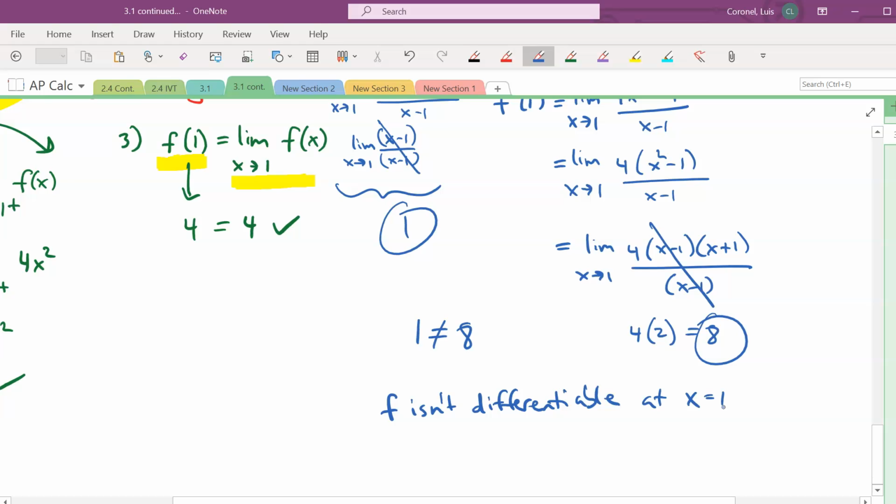We know the function is continuous, but the derivatives are not the same, so the function is not differentiable at 1 because the derivatives from the left and right do not match.